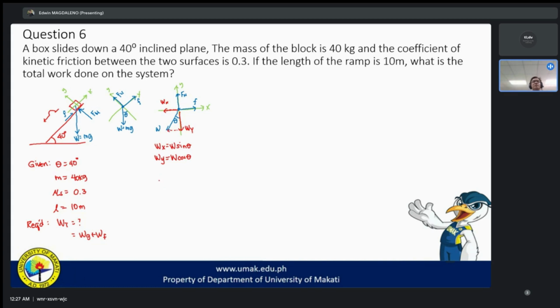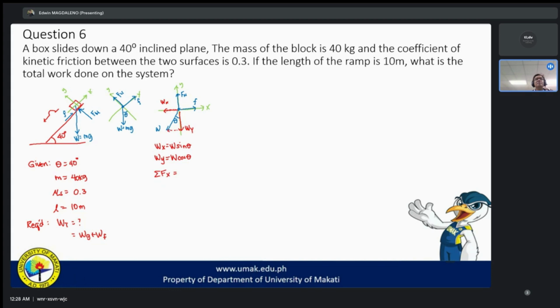So we could now solve for the summation of forces along the x and the summation of forces along the y, because that is what we need to solve for the total work done. So how do we get the summation of forces along the x? The summation of forces along the x is Wx minus friction.